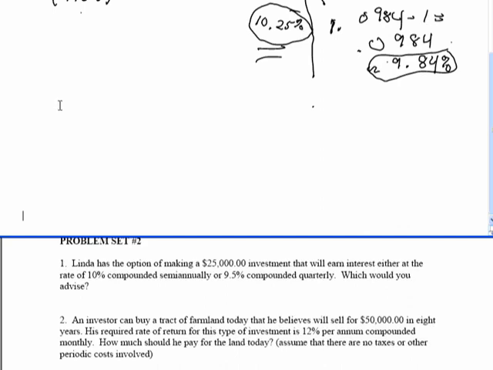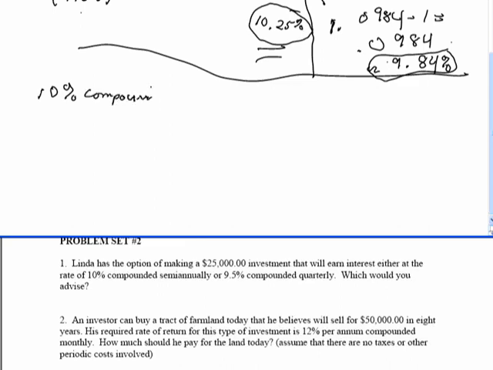I know it's not in the problem here, but what if we had a third option of 10% compounded quarterly? And we're going to compare that to 10% compounded semi-annually. So we're going to look at 10% compounded quarterly.